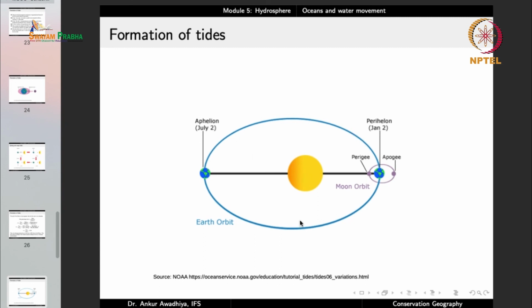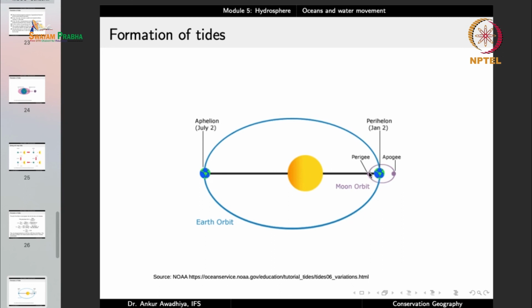Similarly, if we consider the orbit of the earth around the sun, we have a point that is known as perihelion, where the earth is closest to the sun, and we also have a point called aphelion, where the earth is the most distant from the sun. Typically these points occur around 2 to 4 July and 2 to 4 January.